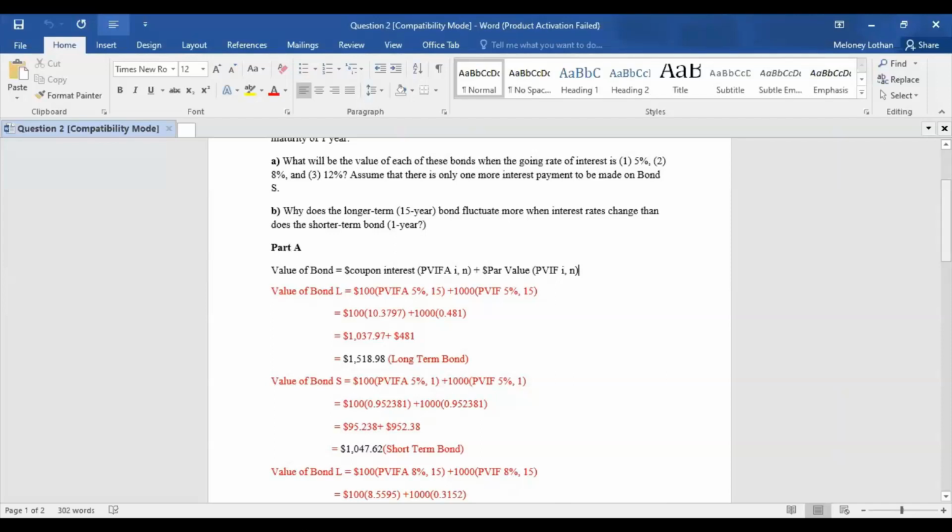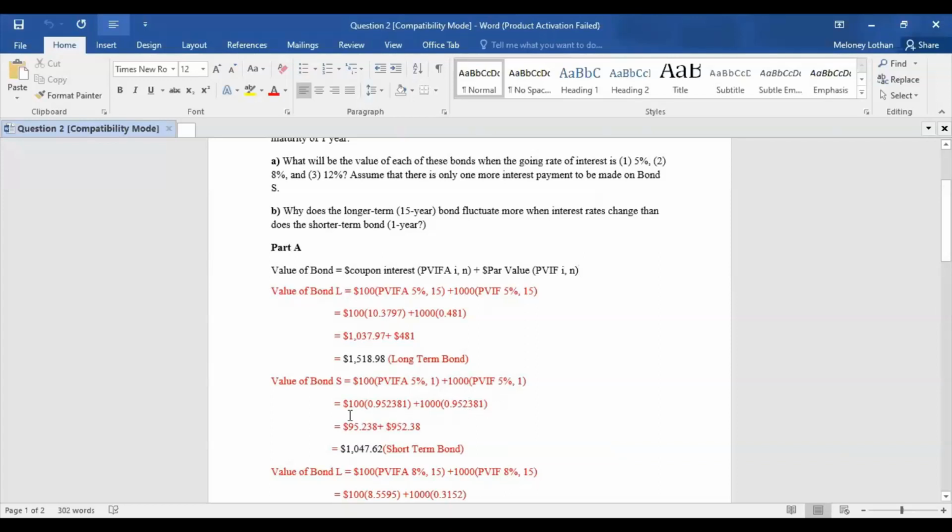For bond S, same procedure, but because we were given a 1 year period, we change it to a 1 year period at the same 5%. Okay, so it's 100, use the same table. The present value interest factor annuity at 5% for 1 year gives you 0.952381, and present value interest factor 5% at 1 year gives you 0.952381.